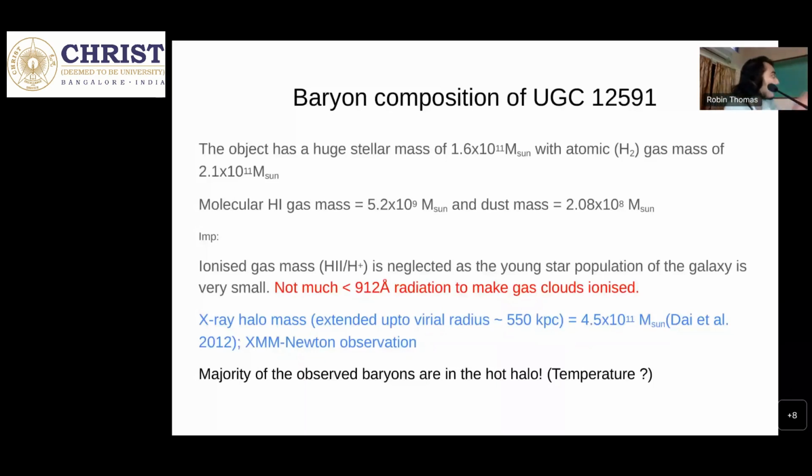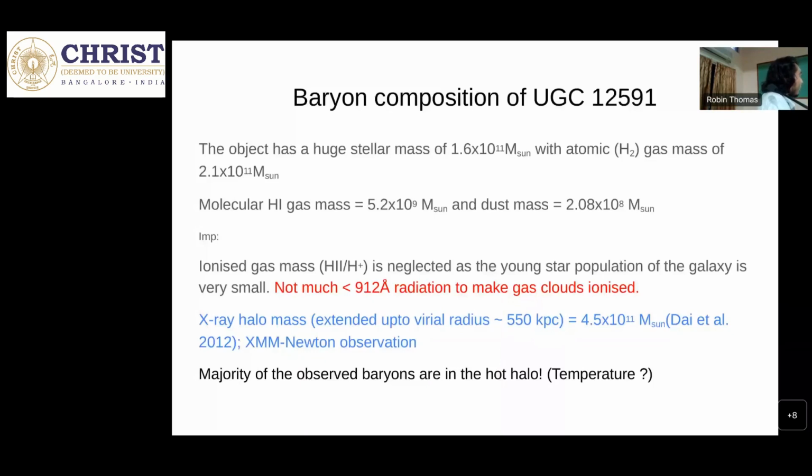So you can see most of the mass is in the X-ray halo, in the circumgalactic halo of the galaxy. Now here, this is called the baryonic Tully-Fisher relation, where the baryonic mass of a galaxy is proportional to rotational velocity to the power 3.724.